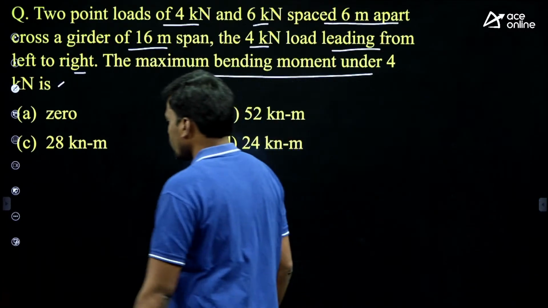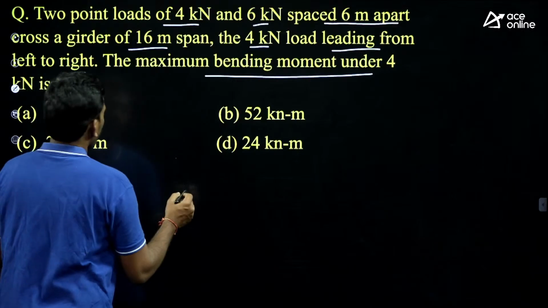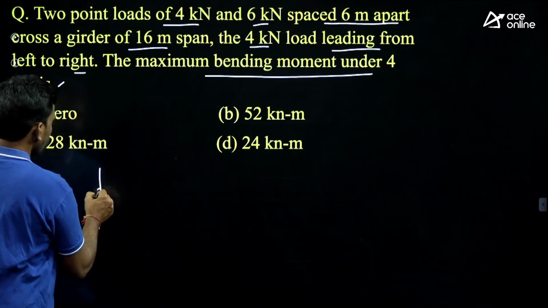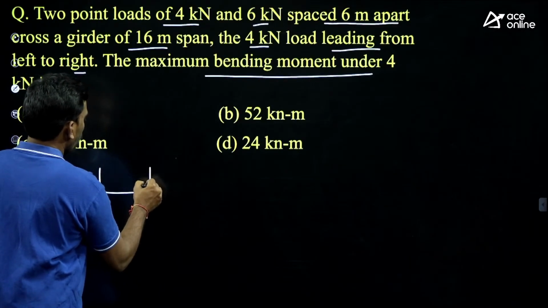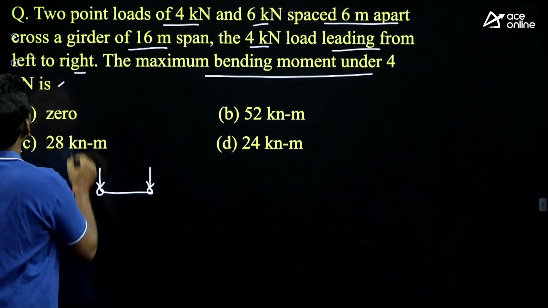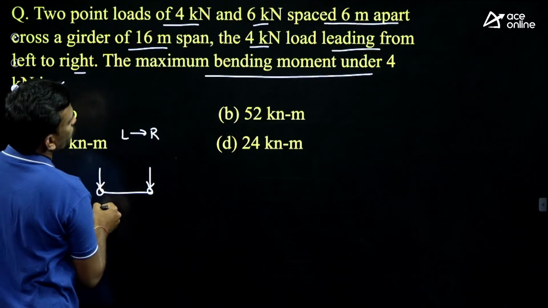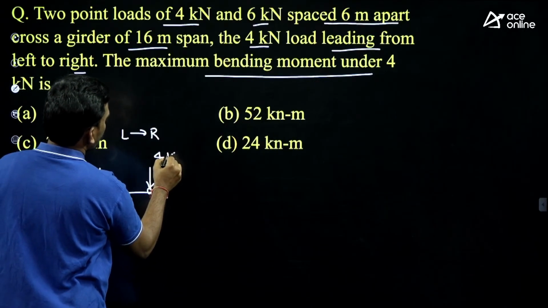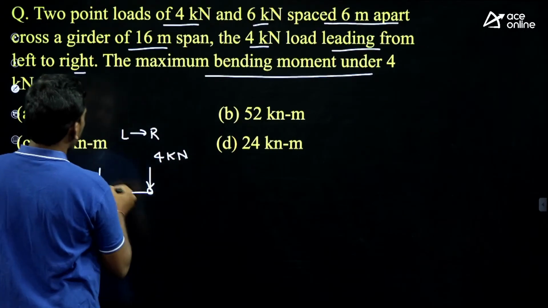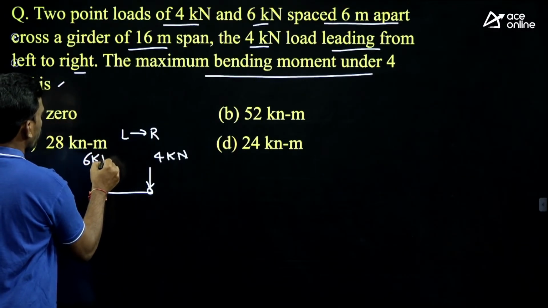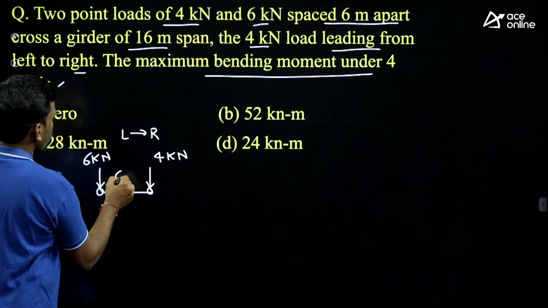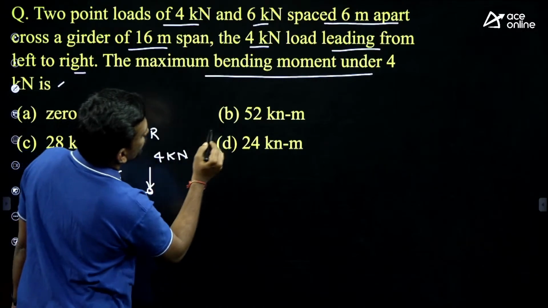Now here, how many loads are given? 2 loads. Moving from left to right. And which one is the leading load? The 4 kilonewton load is leading. Then the other one is 6 kilonewton. And spacing between these two is 6 meter.